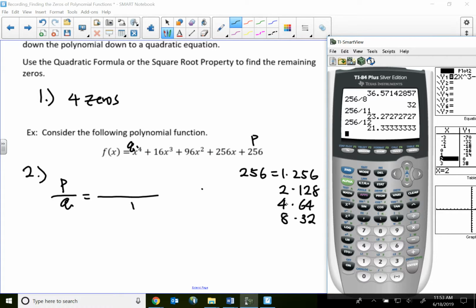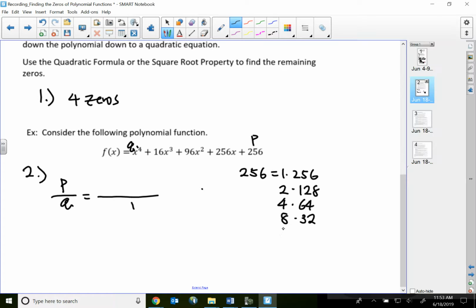The reason I know 16 is because I can see that 8 times 2 is 16. Yeah, 16 times 16 will be the last one. So that's 1, 2, 4, 8, 16, 32, 64, 128, and 256.